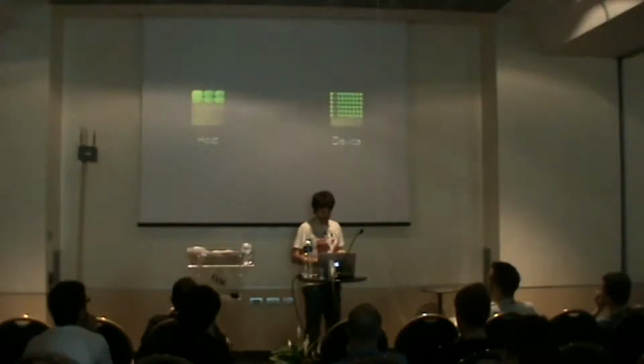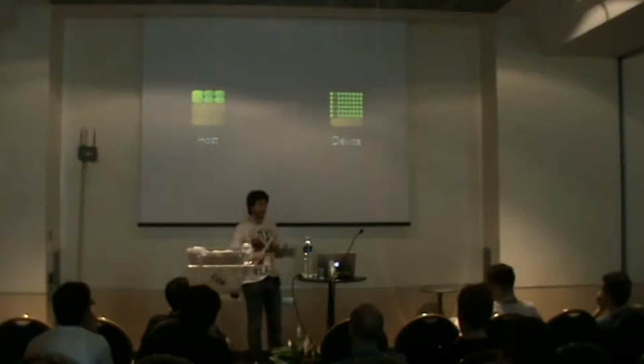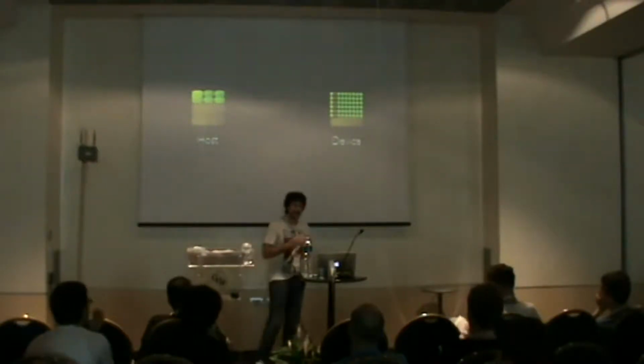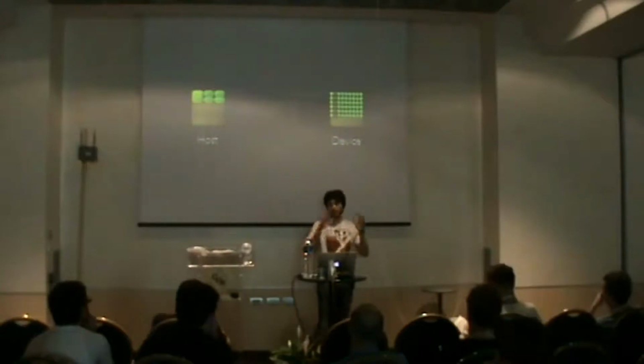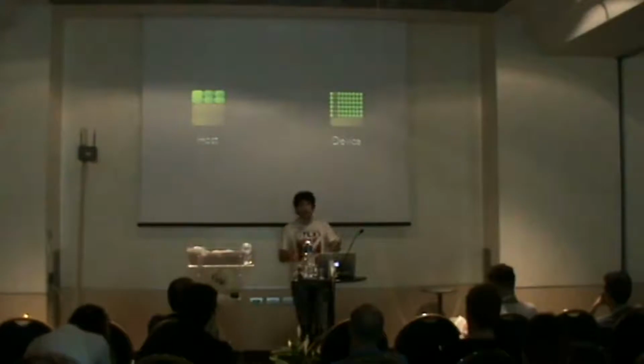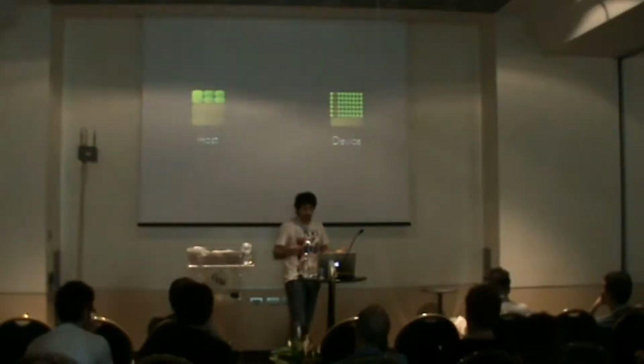Let's see the next slide. Well, I want to show you how the CUDA programming model works. Host and device are the two keywords that the CUDA programming model uses to identify the CPU-related resources and the device-related resources, like threads and memory.